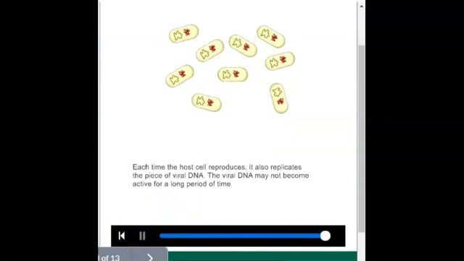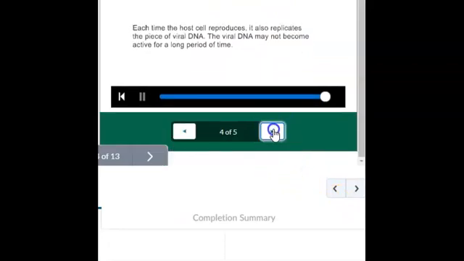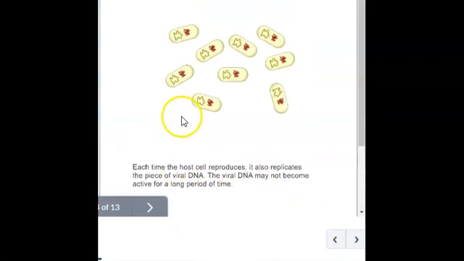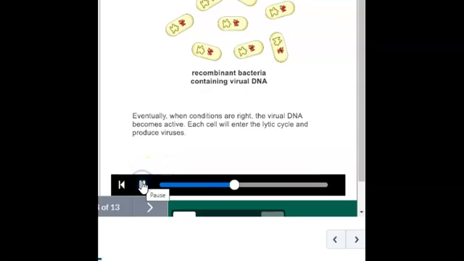And each time the host cell reproduces, it also replicates a piece of viral DNA, and that viral DNA might not become active for a long period of time. And then, eventually, when conditions are right, the viral DNA becomes active, and then each cell goes back into the lytic cycle and produces new viruses.